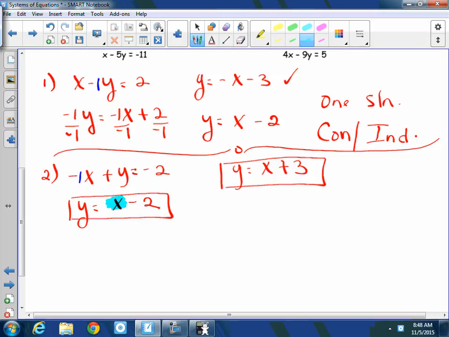If you start using that graph calculator, it'll take a lot more time for this. Same slope. What's the slope? Positive 1. Thank you, Dave. Positive 1, which means they will never touch. So this has no solution, and are they consistent or inconsistent? They're inconsistent.